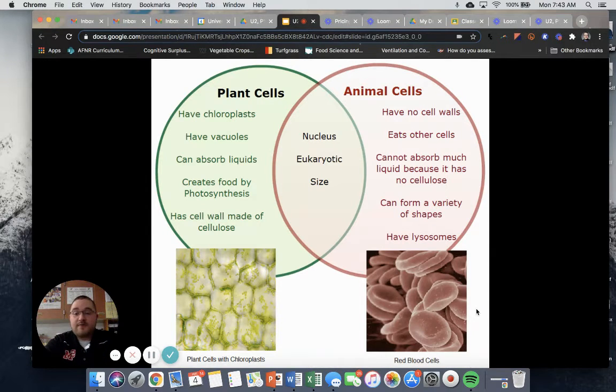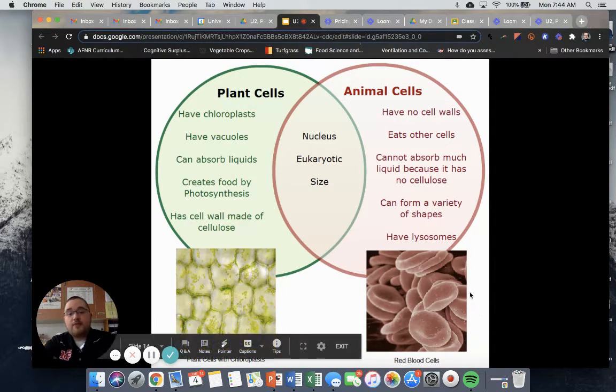Prokaryote is the other form of cell, and that's going to be something in the form of plankton or other organisms. But plants and animals are eukaryotes. You are a eukaryote. And then lastly, we have size. Plant and animal cells have similar size. As you can see, however, animal cells tend to take a little more of a circular, less rigid shape, whereas plant cells are a little bit more boxy because of those cell walls.